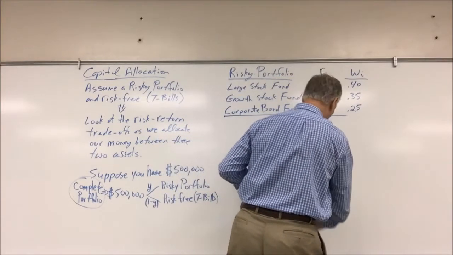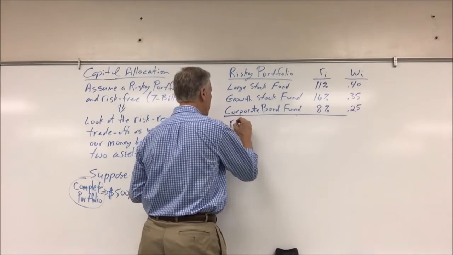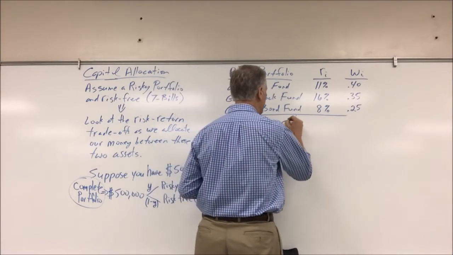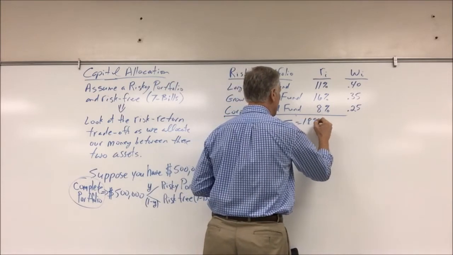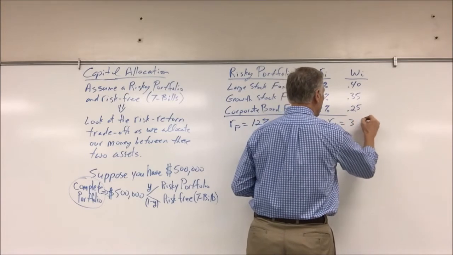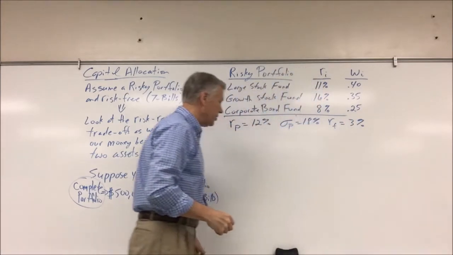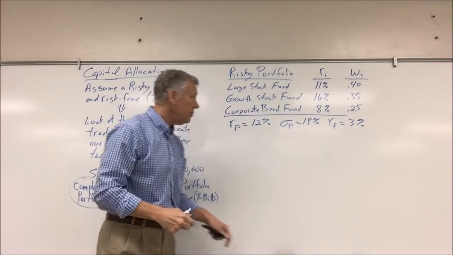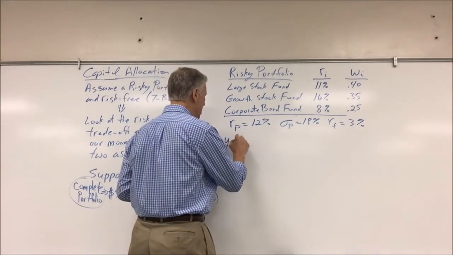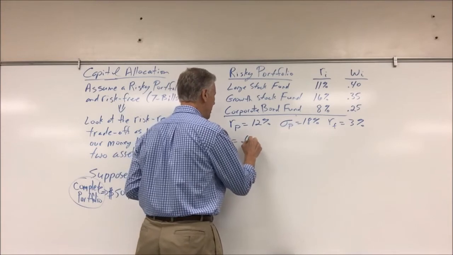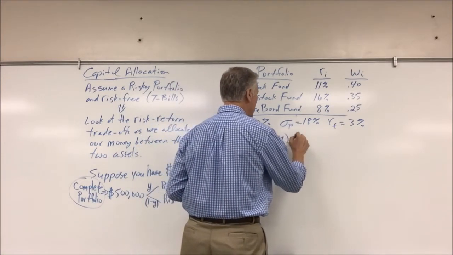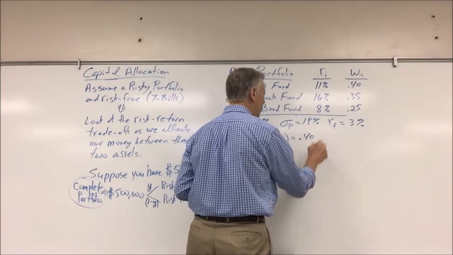We had R_P at 12%, sigma_P at 18%, and R_F at 3%. Let's assume, as an example, that Y equals 0.60. If that's the case, then of course 1 minus Y must be 0.40.